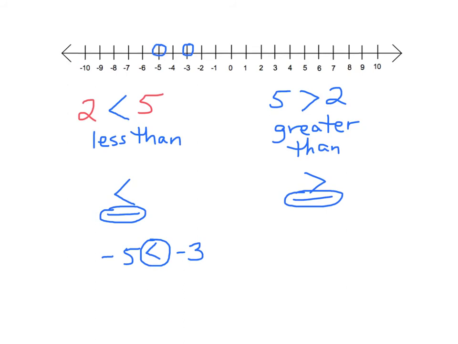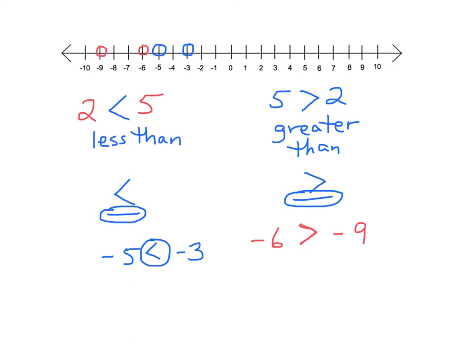Or if I have the numbers -6 and -9 and want to put in the correct symbol, well, here's -6 on the number line, here's -9 on the number line. -6 is further to the right, which means -6 is greater than -9, and that's the symbol that I would put in there.